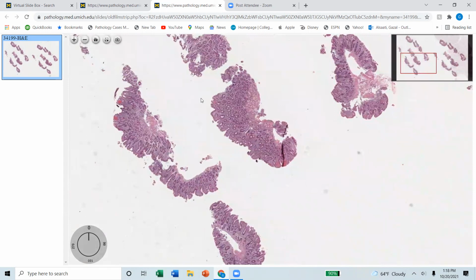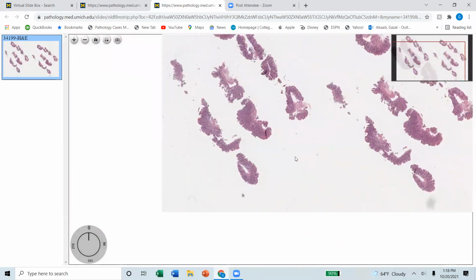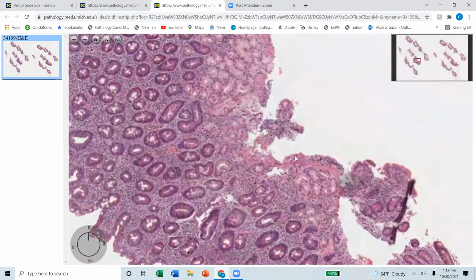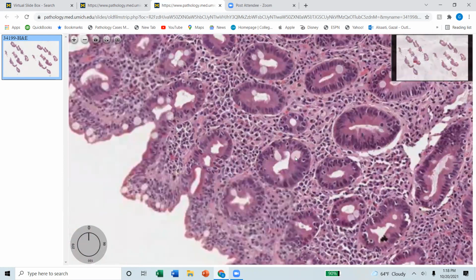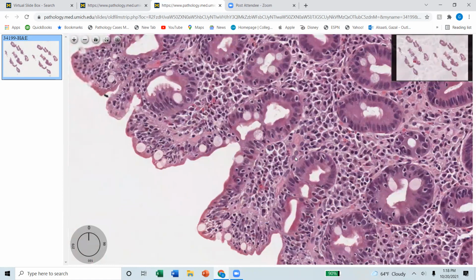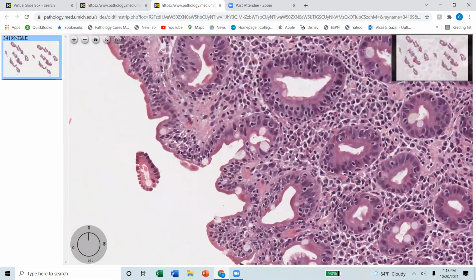First thing in my head: where is my stomach biopsy? Does the patient have H. pylori? Second, does the patient have diarrhea, bloating? I'm trying to connect the dots before even going high power on my slide. Third, I look for activity. Now I know I have blunted villi. I go higher power and I see innumerable lymphocytes in all my mucosa.